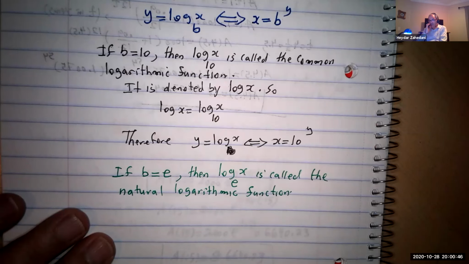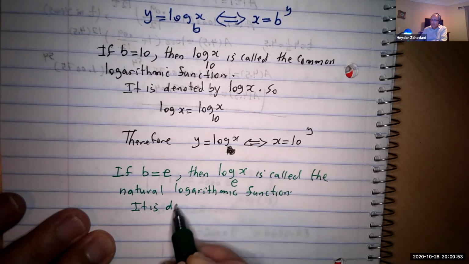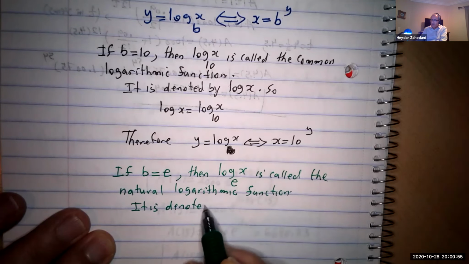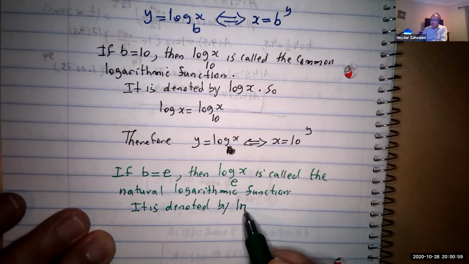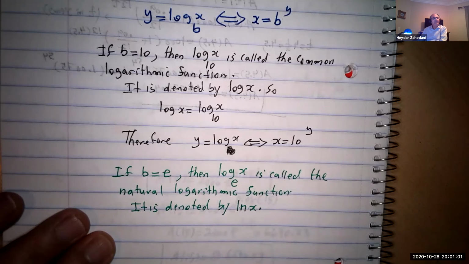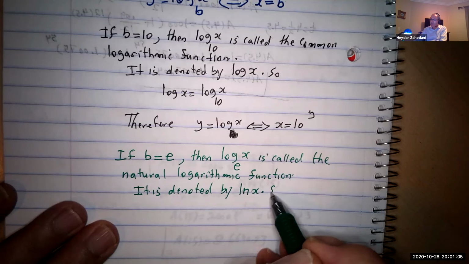We have a special notation for this one. It's denoted by ln of x, natural log. So we call it the ln function.